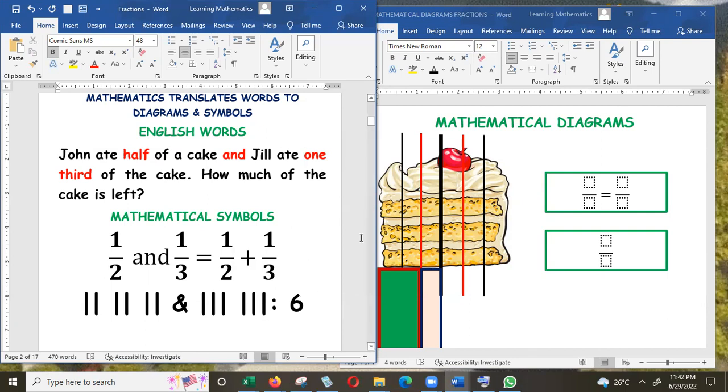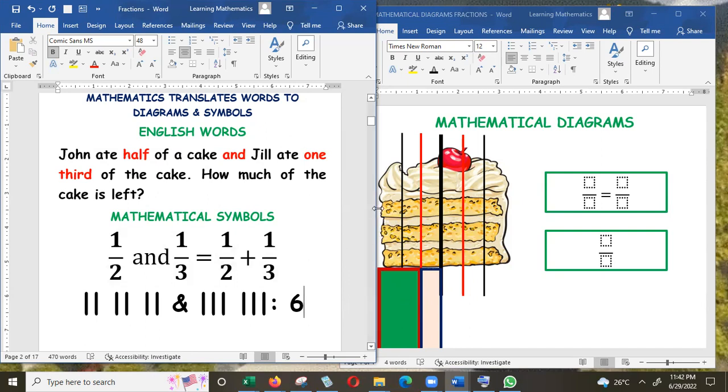Okay, so we're going to divide that cake into 6 equal slices because we need to get groups of 2s and groups of 3s. Okay, and here it is done already. 1, 2, 3, 4, 5, 6 equal slices. Now, it is said that John ate half of the cake.